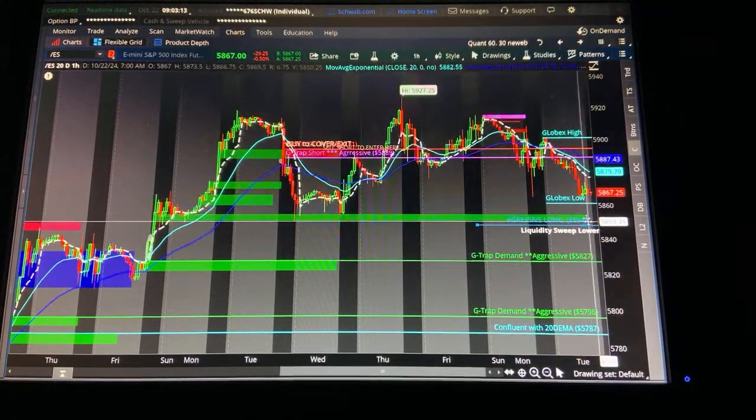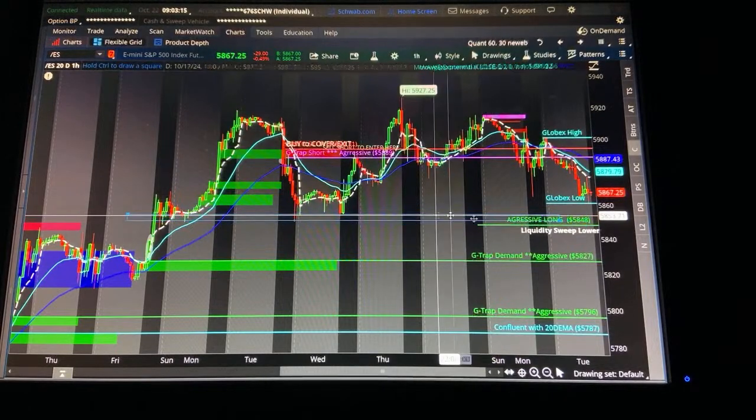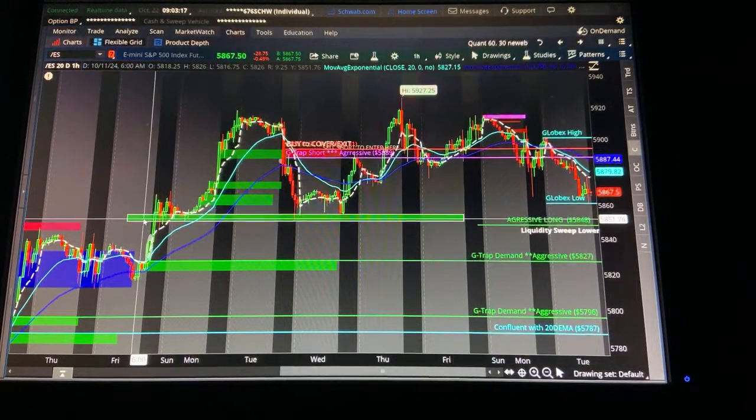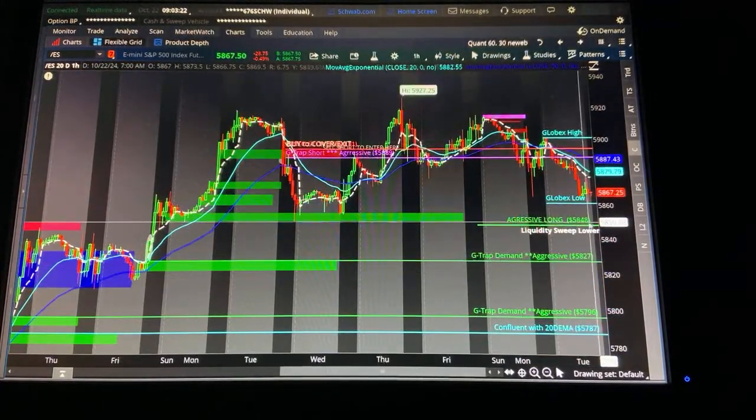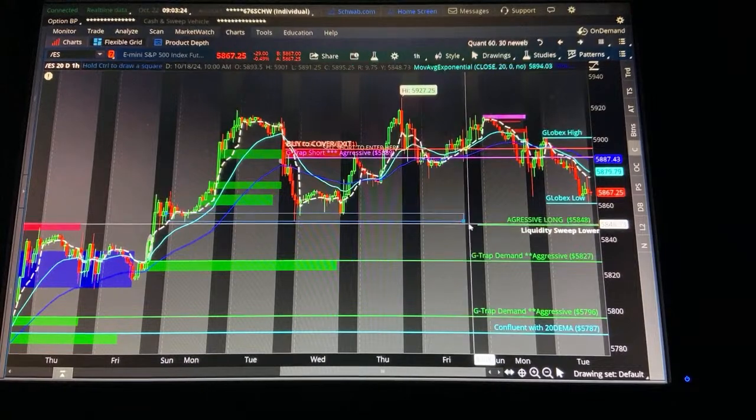I'll move this box out of the way so y'all can see a bit better, and I'll zoom in as well. So I'd be careful with that one.